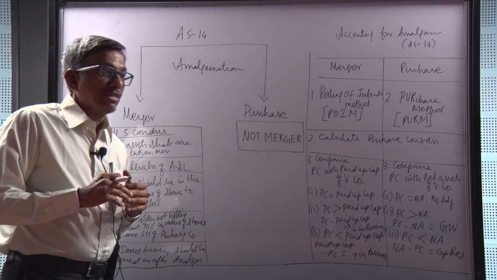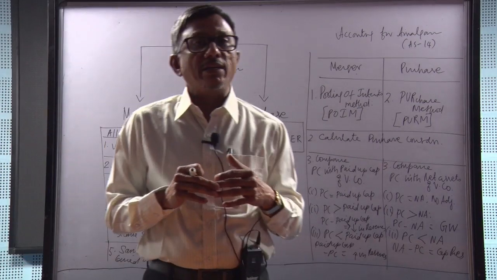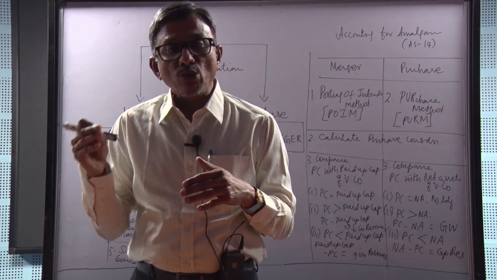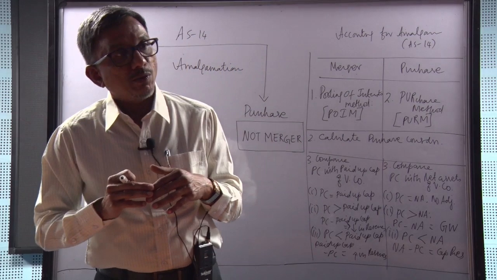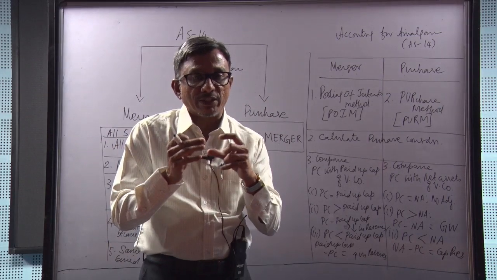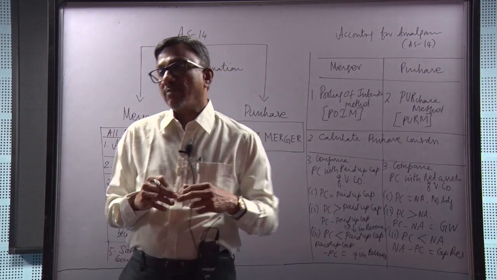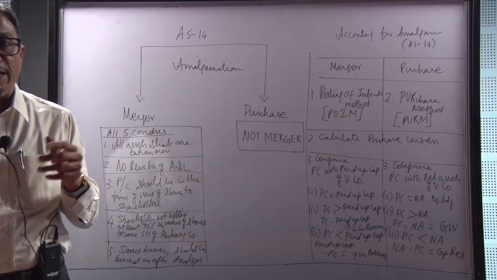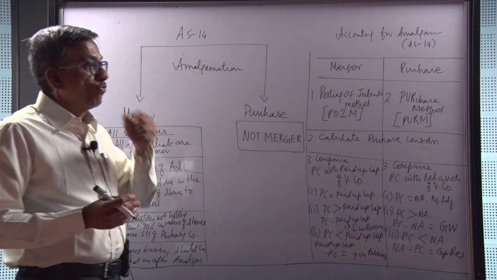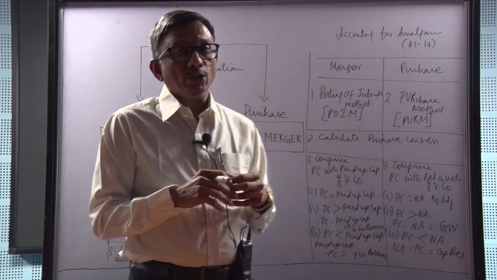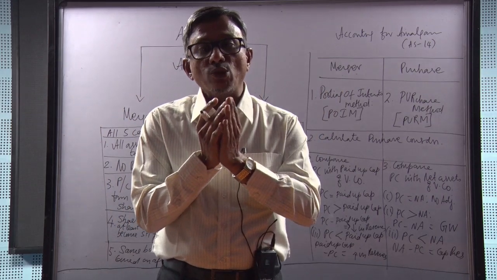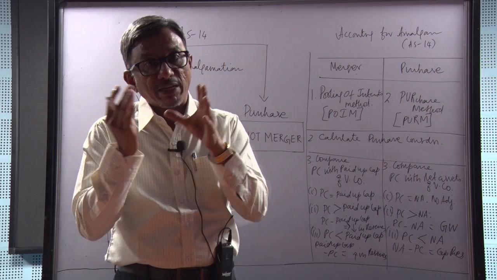In the case of merger, I told you all the reserves of the vendor company will be incorporated in the books of the purchasing company. Only general reserve will be adjusted for the difference, if any. Whereas if it is amalgamation in the nature of purchase, the difference will go to goodwill or capital reserve. No reserves of the vendor company will be brought into the books of the purchasing company. That is a big difference.